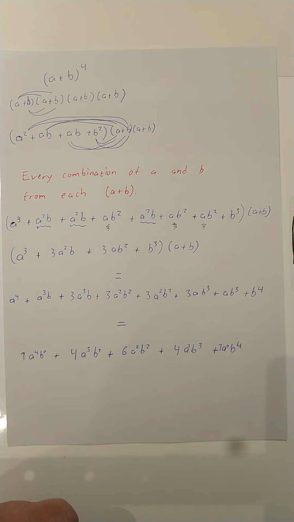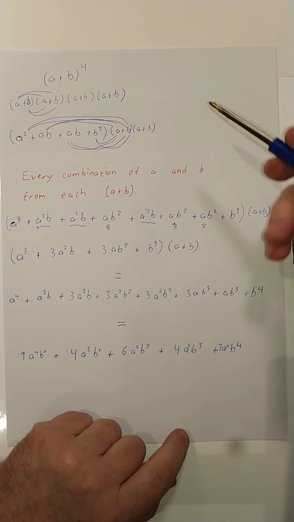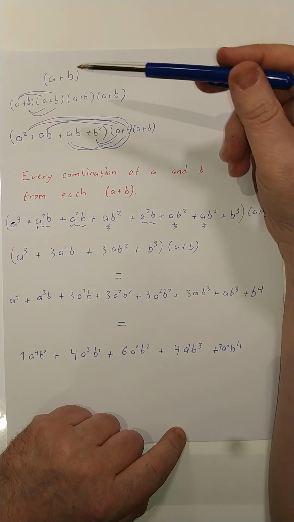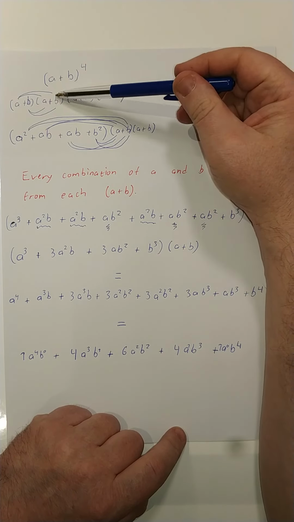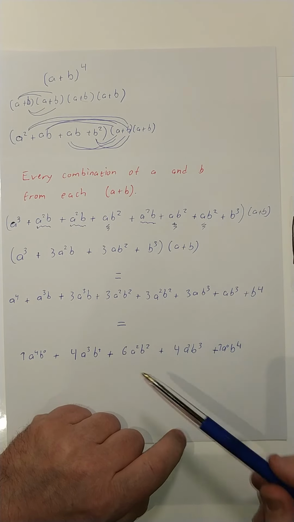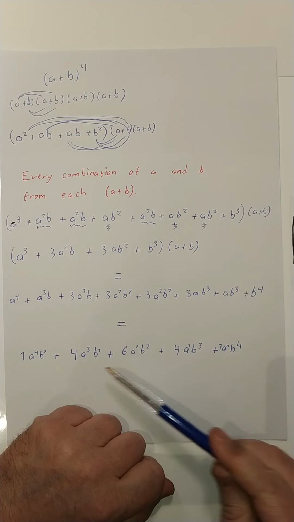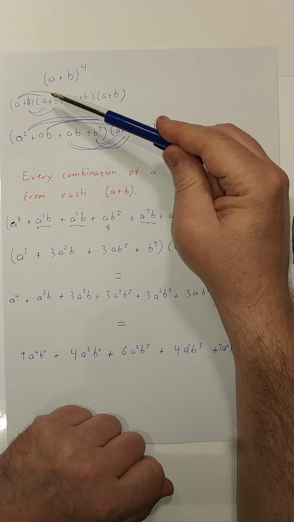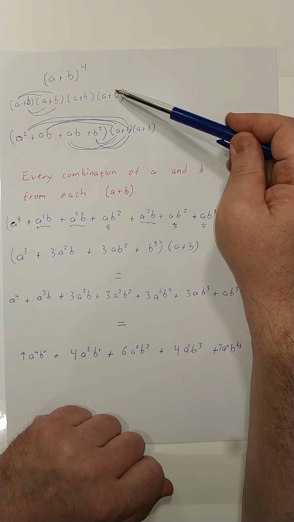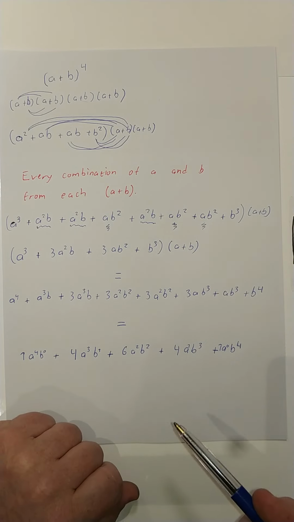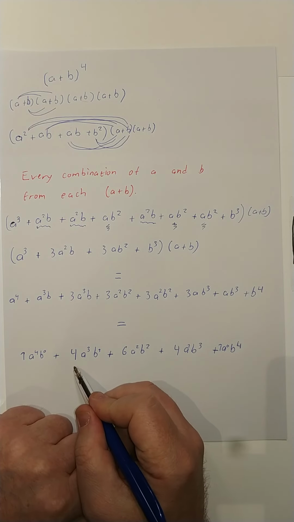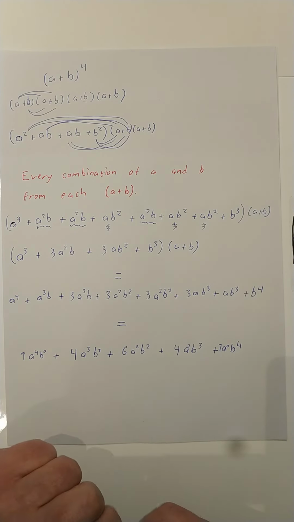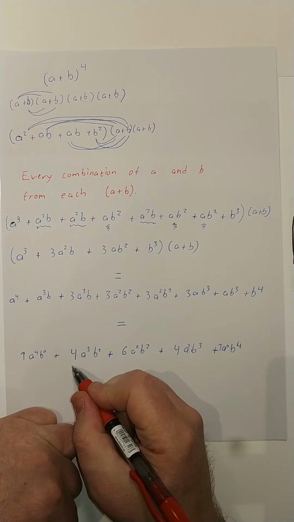This is not really so strange. We come back to the thought of combinations up here. For each of these brackets, each of these terms represent taking either a or b from each bracket and multiplying by each other. So the question really comes to, how did we get this 4?